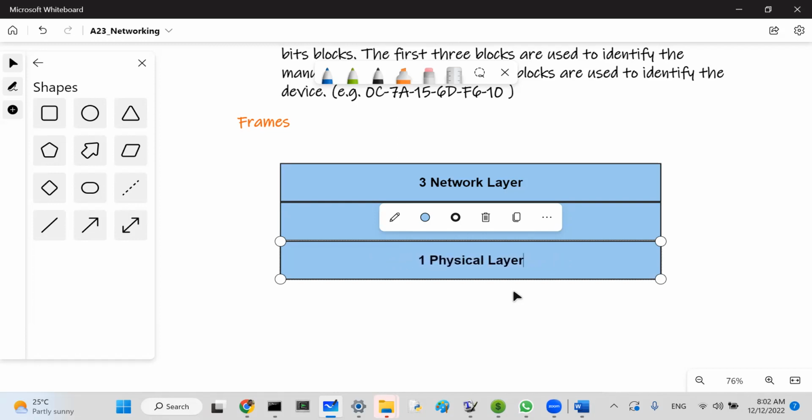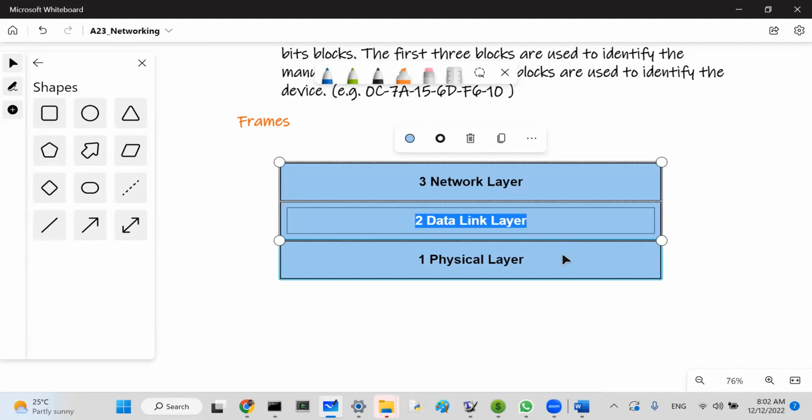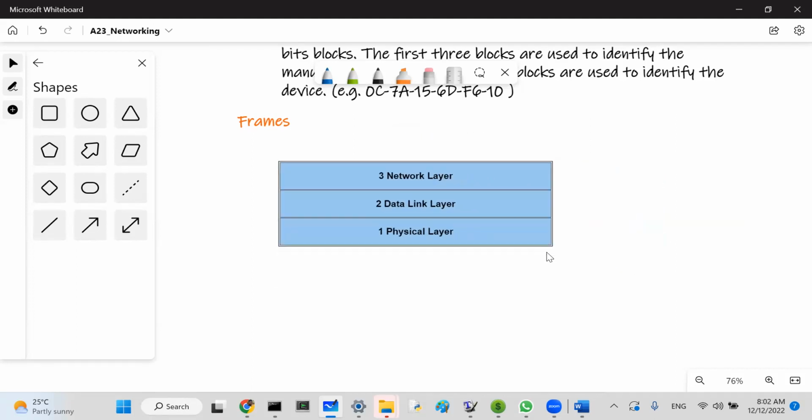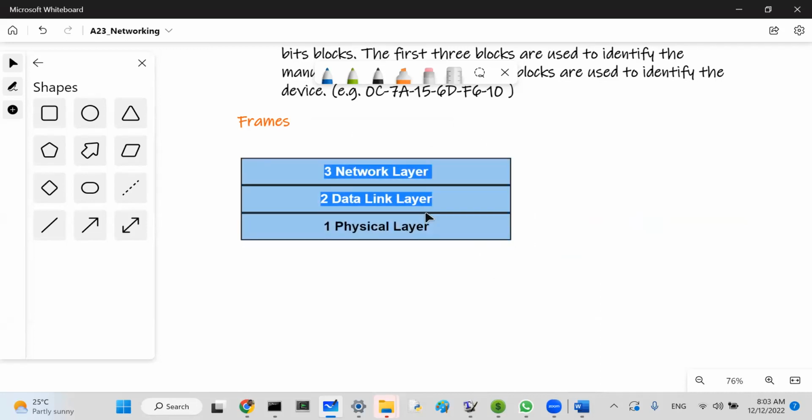That's the first thing that we need to understand. Likewise, there are many others which we will discuss later on. For the time being, we are not going to discuss them in detail. So we have these layers.